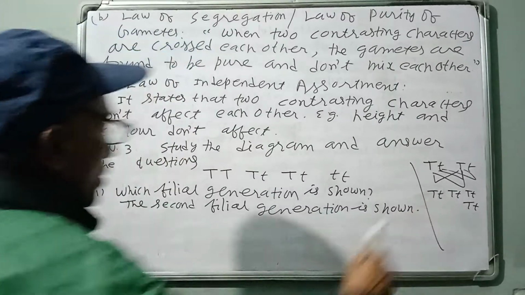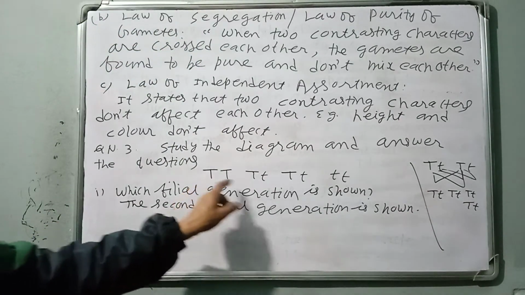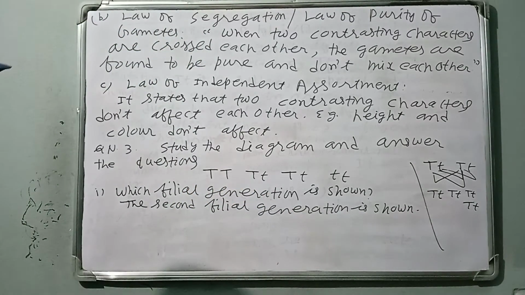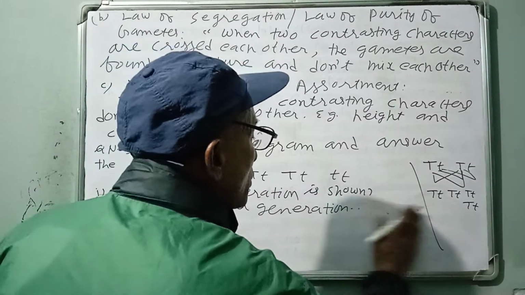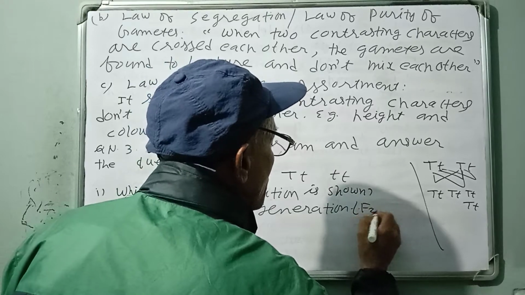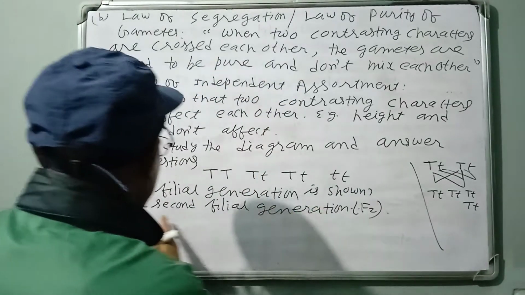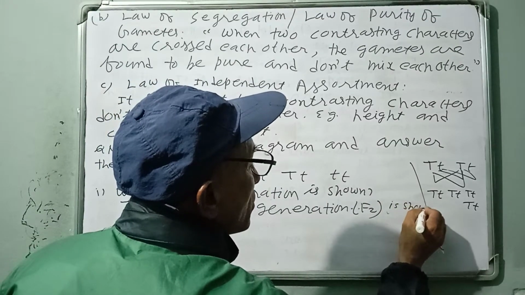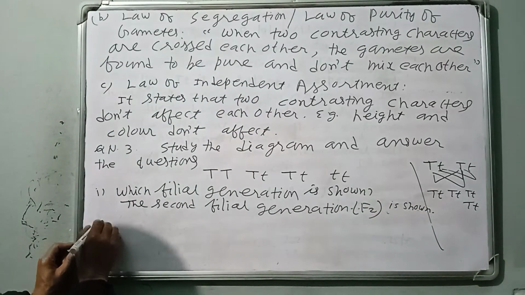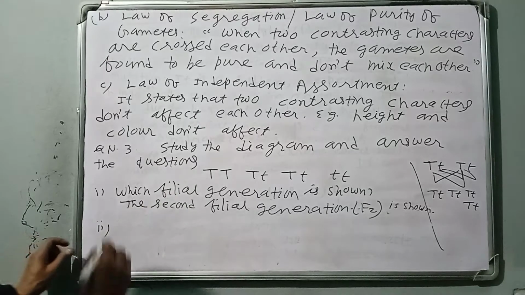This one is F1 generation. Which filial generation is shown? F2 filial generation. Second filial generation, also called F2 generation.